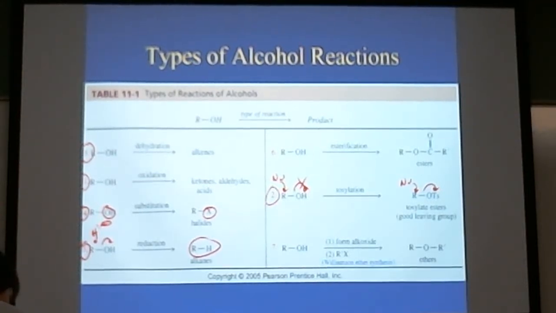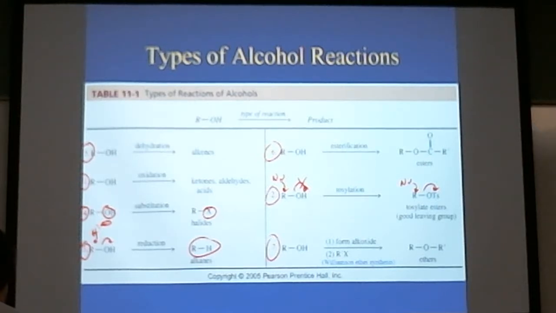Now from an alcohol, we're going to dehydrate to an alkene. We of course know those reactions as E1 eliminations. We're going to look at esterifications, add an alcohol to a carboxylic acid to form an ester. We're going to look at other reactions from ethers and things like that. So a bunch of different reactions with alcohols.